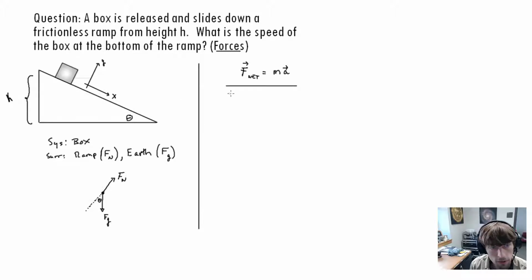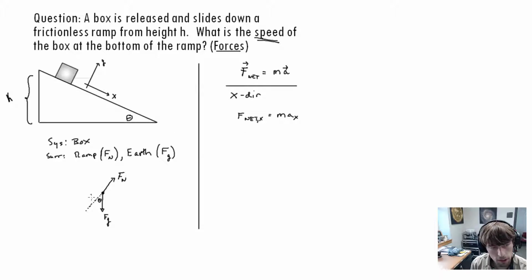The x component. That's the thing that I care about, the speed at the bottom of the ramp. That will be the speed in the x direction. So we have F net in the x direction is equal to m a x.